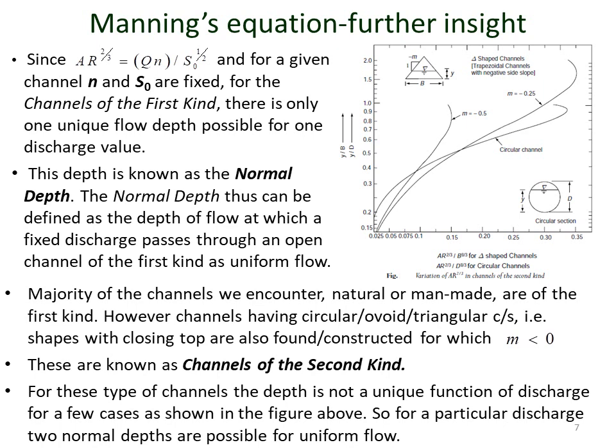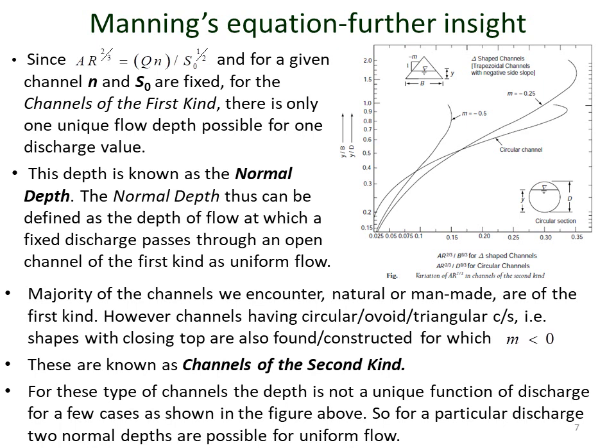So this is another very important aspect of the channels of first kind: for a uniform flow through a channel of first kind, there is only one value of flow depth possible for one value of discharge, and this flow depth is known as the normal depth.